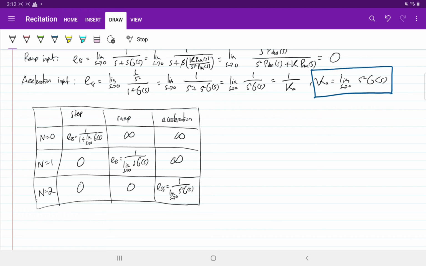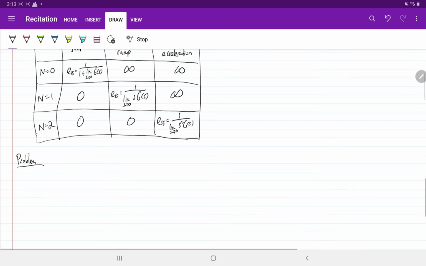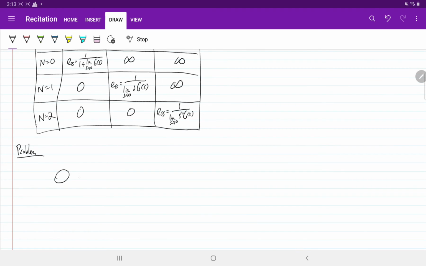let's have a simple example. Say I have the system G of s with unity negative feedback.